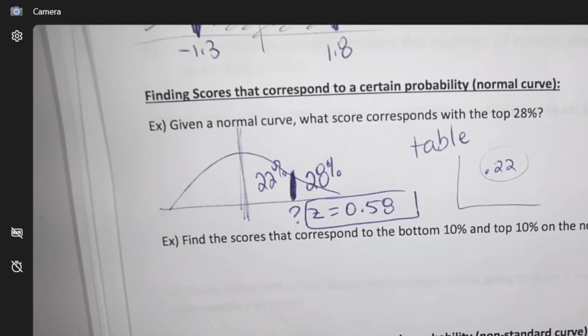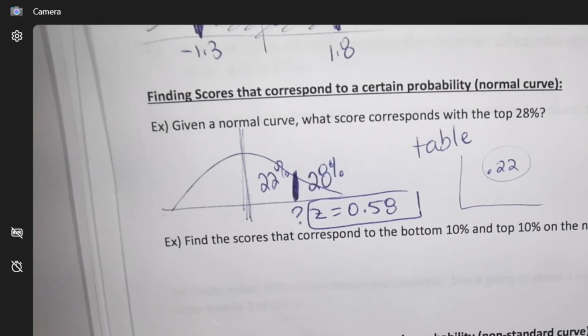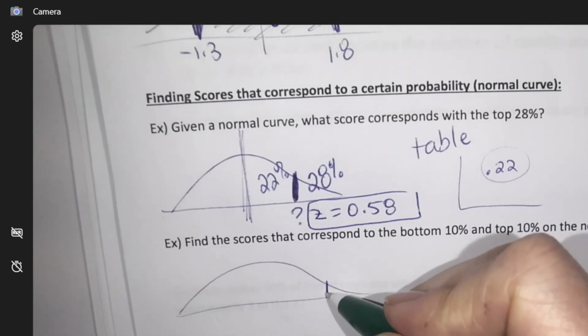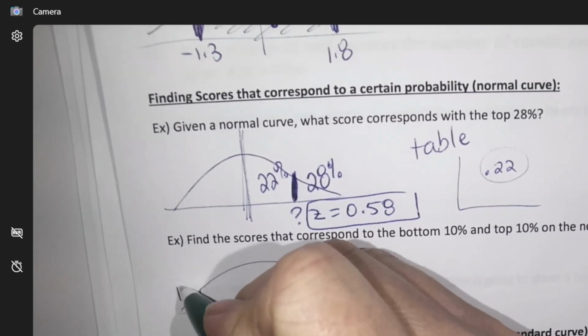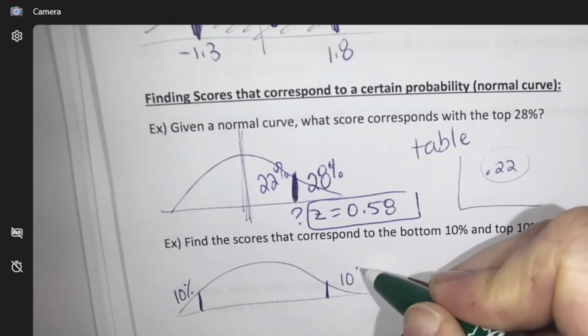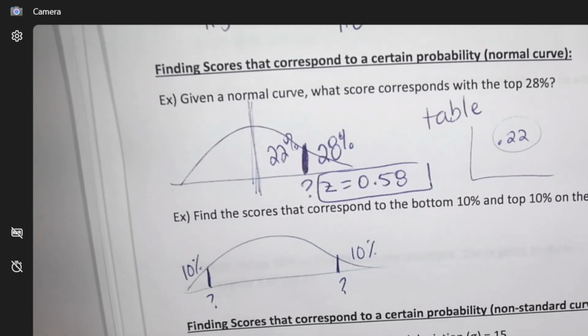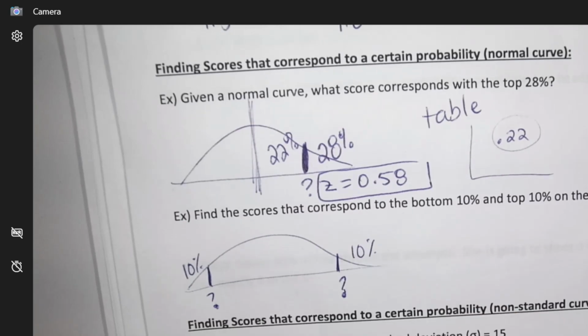This is just working backwards on that chart. Before, we had the z-scores finding the percents; this is a percent finding the z-score. Okay, what score corresponds with the top and the bottom 10%? So that's what I'm doing.